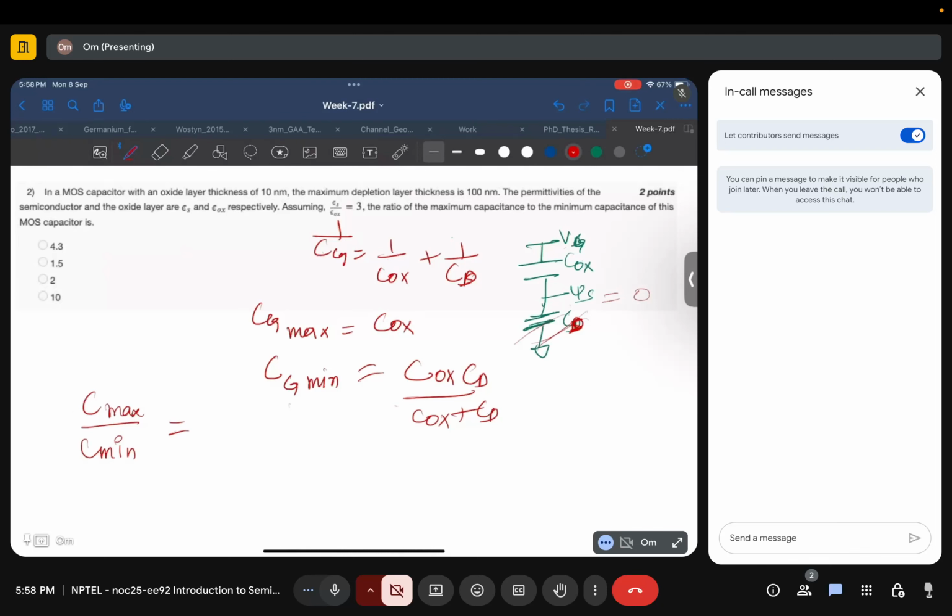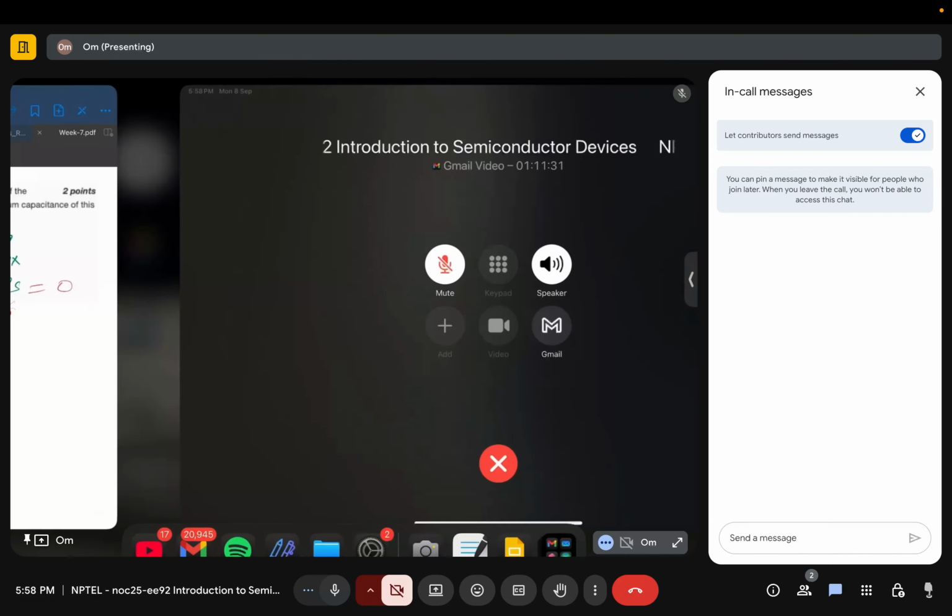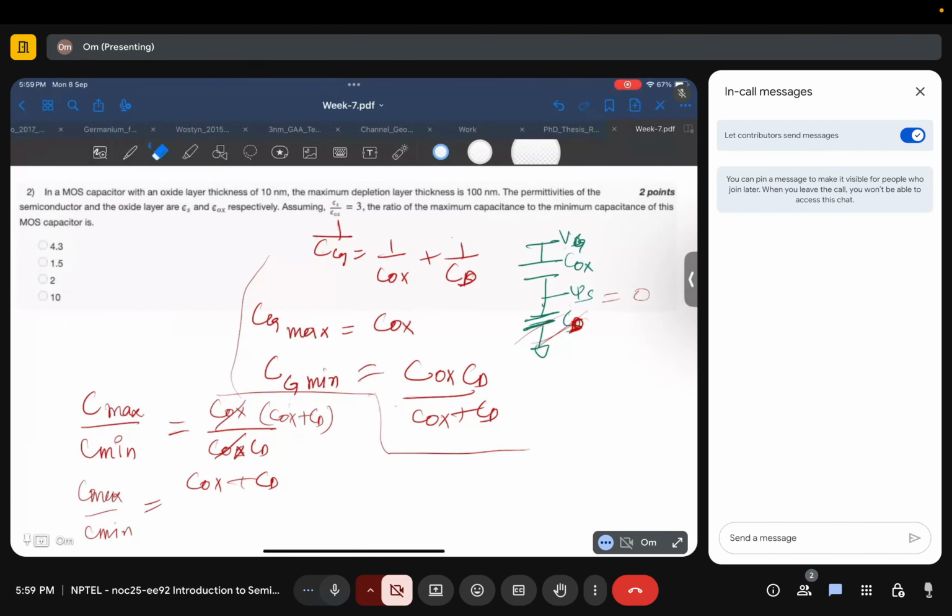So it will be COX divided by COX CD over COX plus CD, which gives COX by CD plus 1, right?